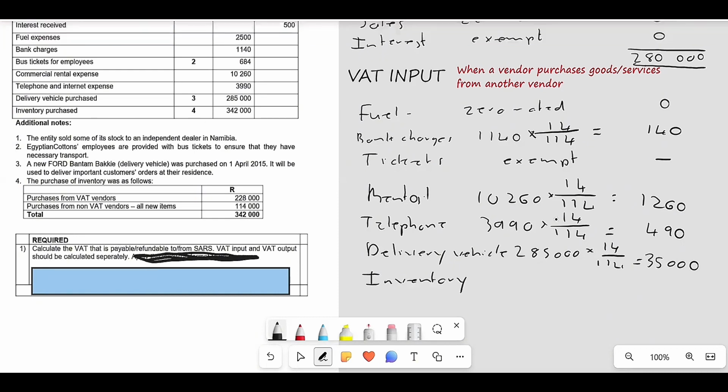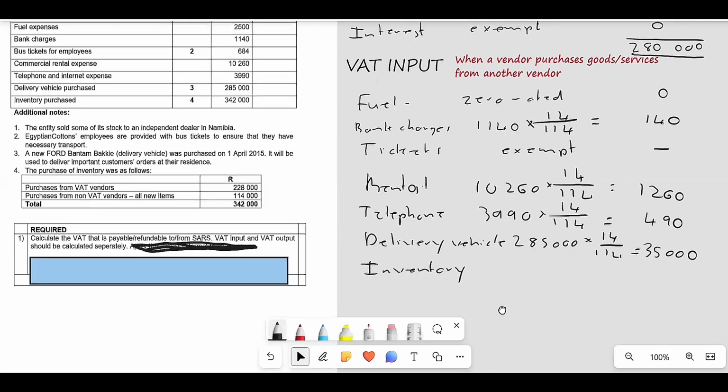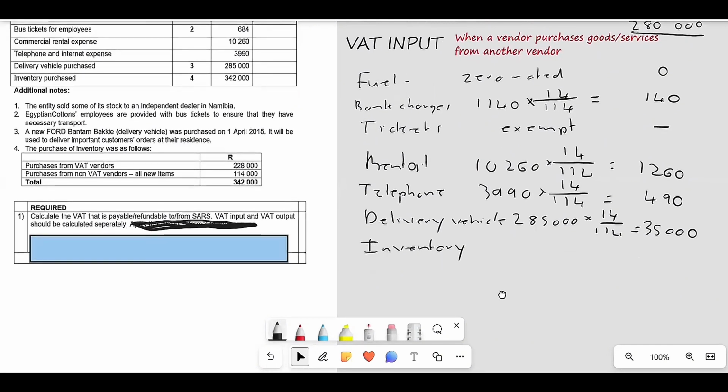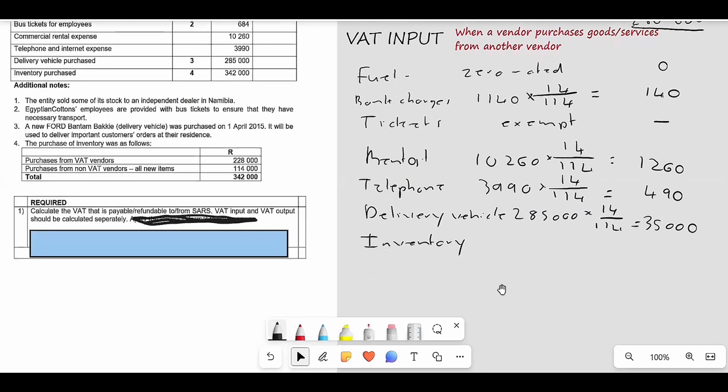Required number 4 says 228,000 inventory was purchased from VAT vendors and 114,000 inventory was purchased from non-VAT vendors. And the definition of VAT input says when a vendor purchases goods or services from another vendor. So the purchase from non-vendors would be input denied, right? The purchase from VAT vendors would be standard rated. Apologies for my bad handwriting.